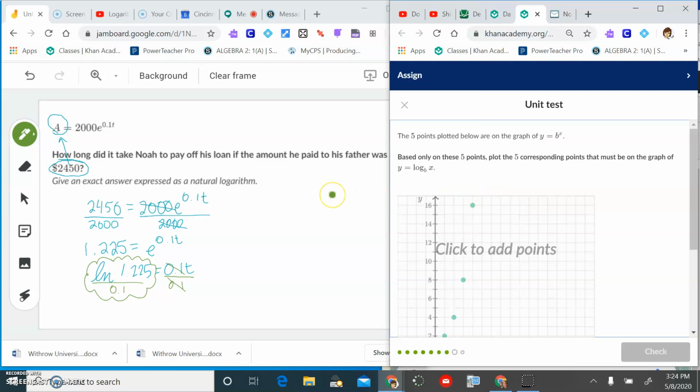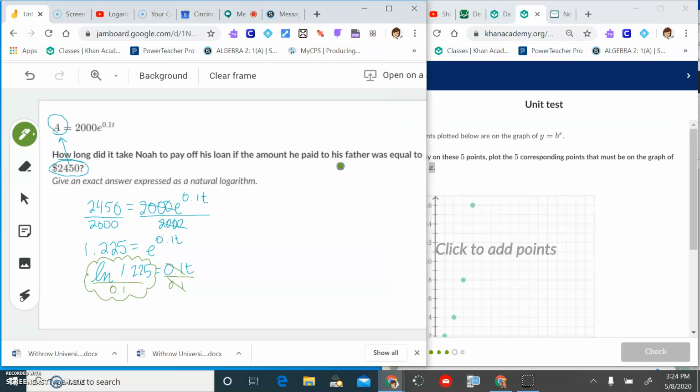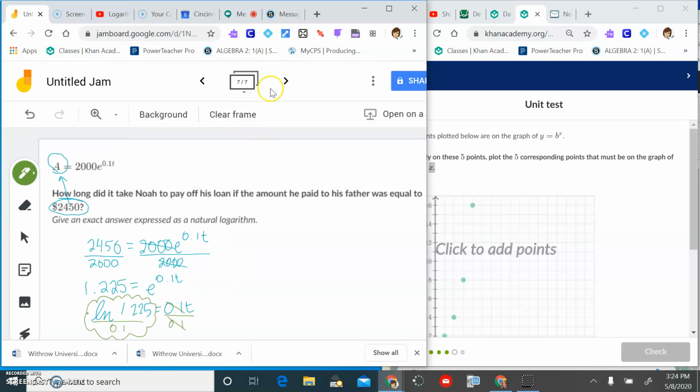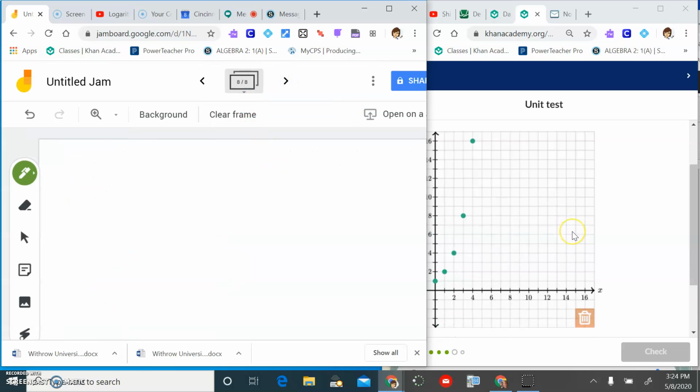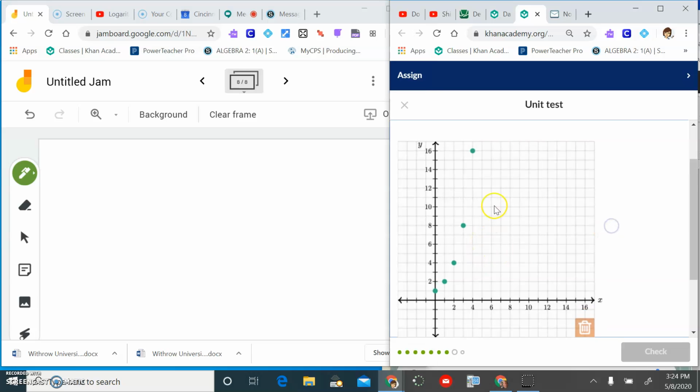Next, based on these 5 points, so they give me an exponential and they want me to find the logarithm. So the short answer is we are going to switch the places of each of these points.